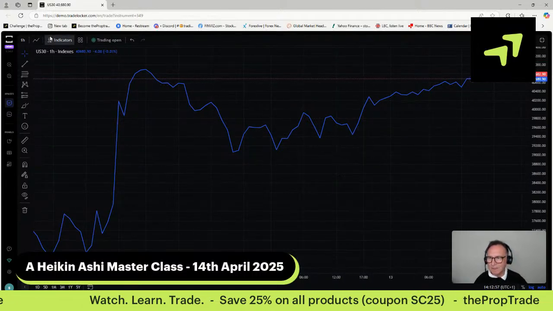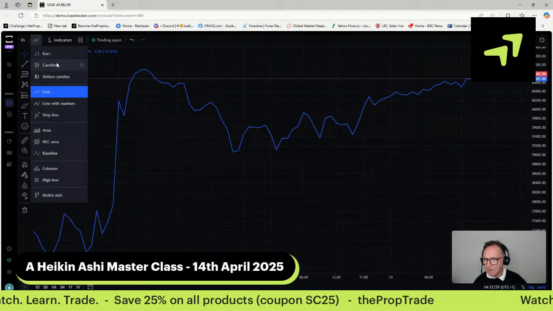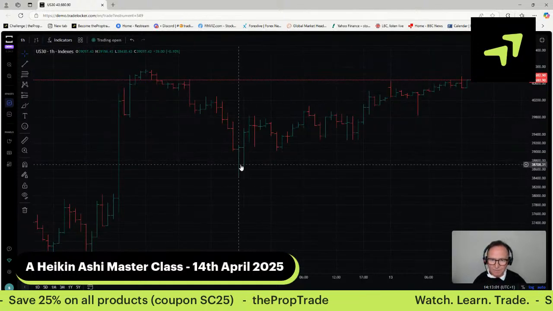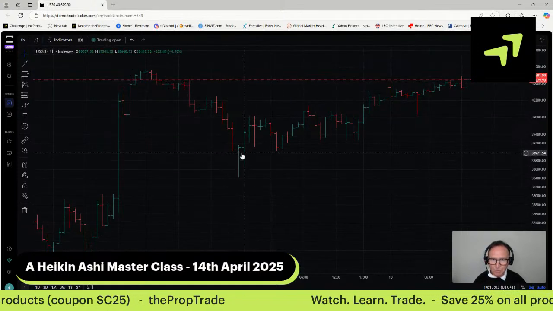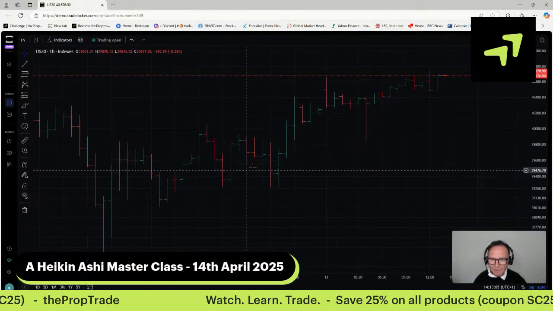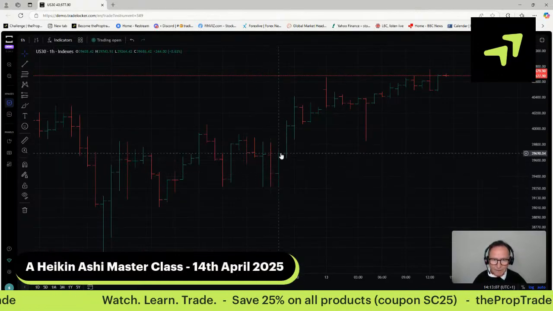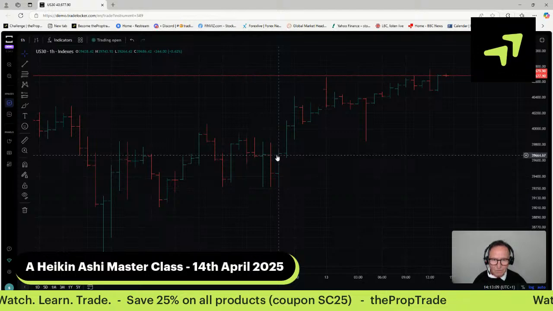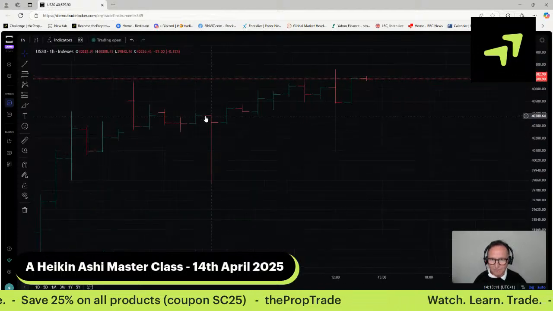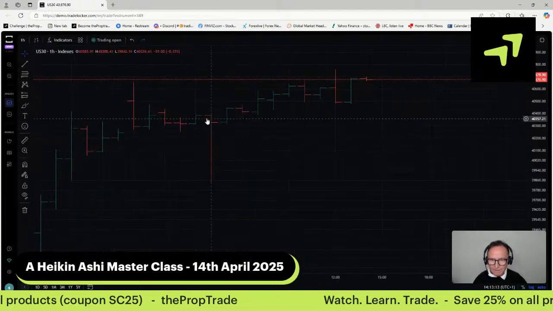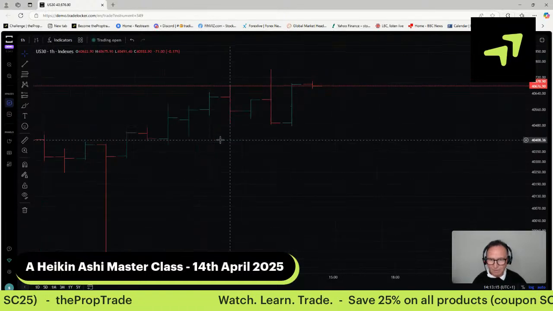Most people don't use line charts anymore. Some people still use bar charts. Again, that's showing you the open, high, low, close of the hour. So that's open, high, low, close on the bar chart.